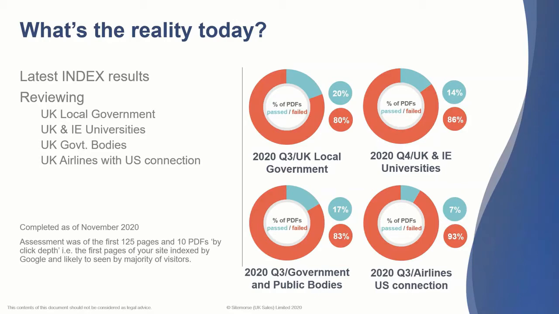This sample of websites is typical of what we see across UK local and central government, universities and UK international airlines. We see a consistent picture of between 80 and 90% of PDFs failing at least one automated accessibility test. It's fair to say that almost everywhere you go, you'll find PDFs with accessibility issues.